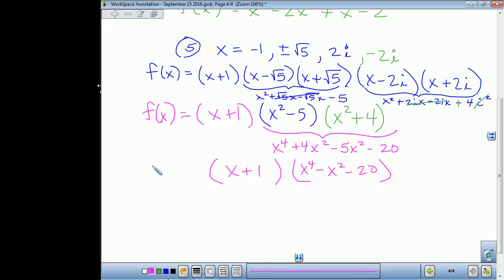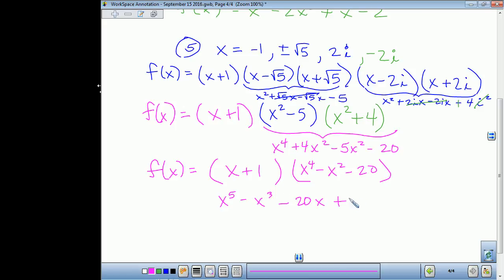Finally, the last 2. Lots of multiplication. x to the 5th minus x cubed minus 20x. All I did was distribute the x through. Now we have to distribute the 1 through.